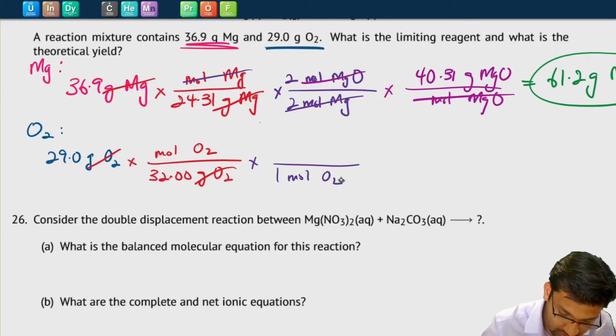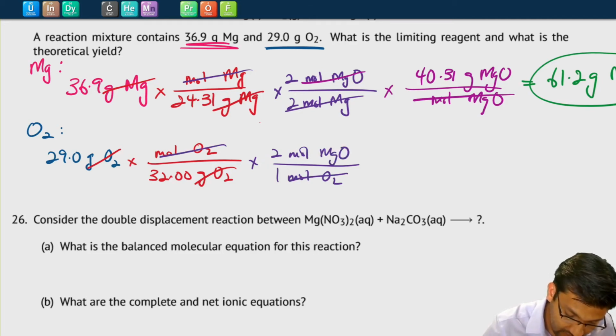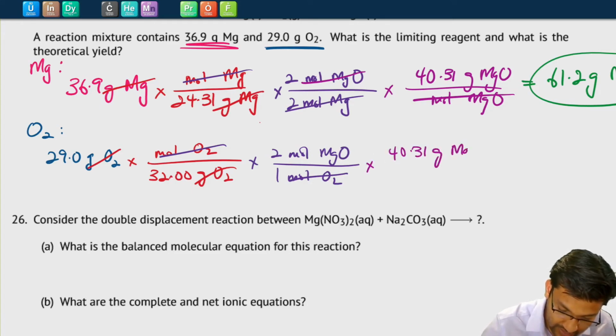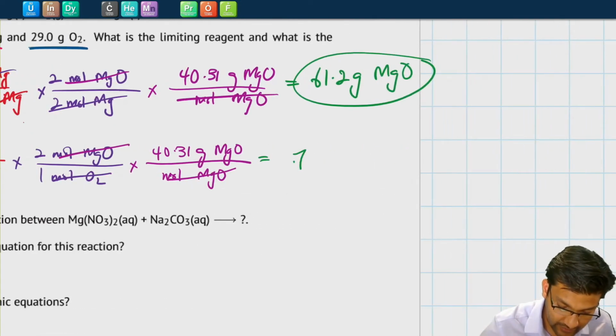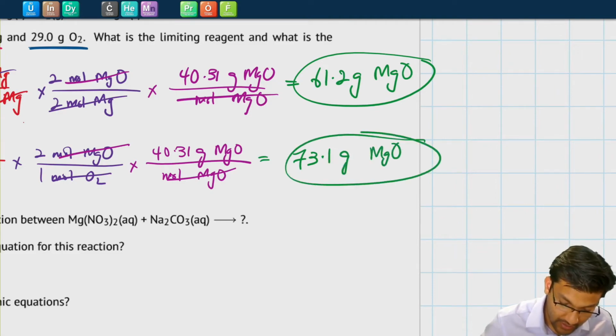So 1 mole of oxygen per 2 moles of magnesium oxide. And then finally, we convert again to grams of magnesium oxide using the molar mass of magnesium oxide. Punch these numbers into our calculator, and we will get 73.1 grams of magnesium oxide.